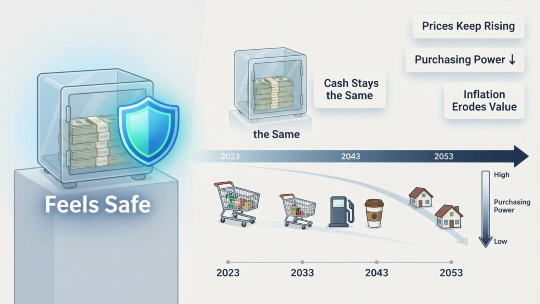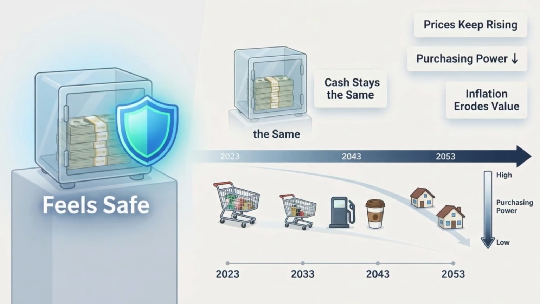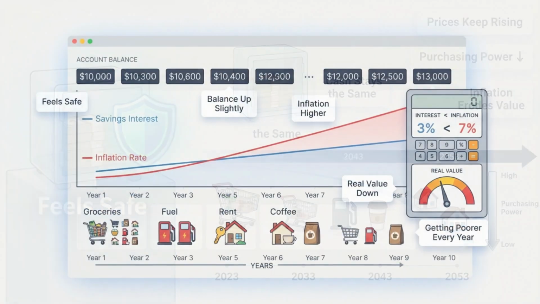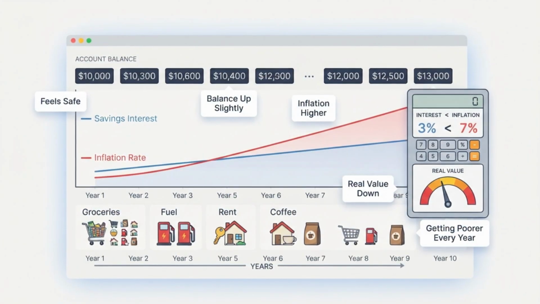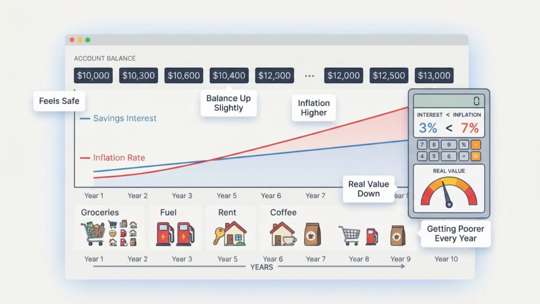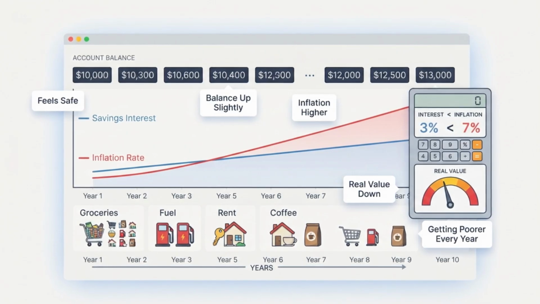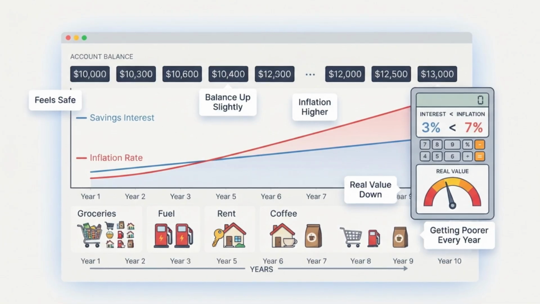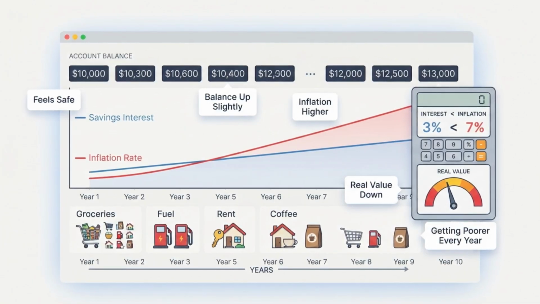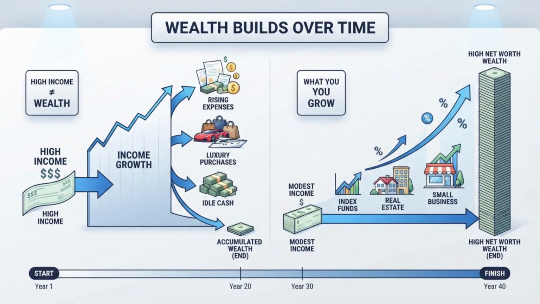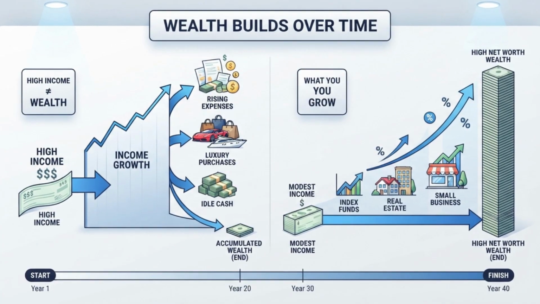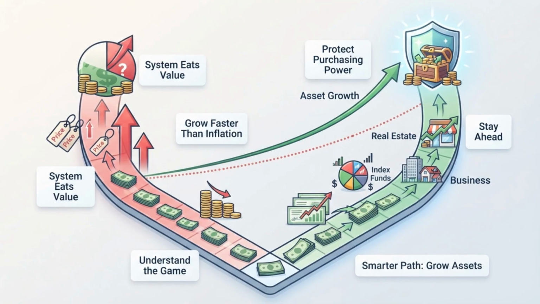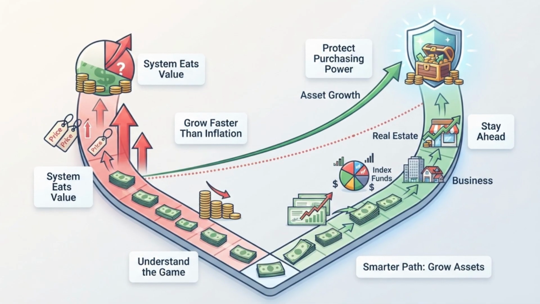Holding cash feels safe, but over decades, inflation slowly and silently erodes its value. $1 left in a savings account earning less than the inflation rate is, in real terms, getting poorer every single year. It doesn't feel like losing money. But mathematically, it is. The people who build real wealth over time are not the ones who earned the most. They're the ones who understood the game they were playing and made sure their money grew faster than the system quietly ate it away.